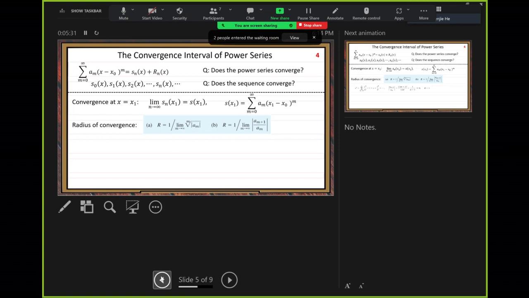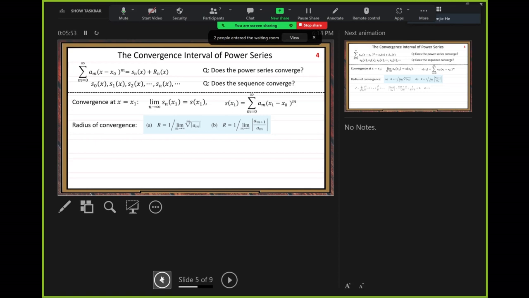Sometimes the A version is more convenient, sometimes the B version is more convenient. You just choose the one that's easier for you to calculate the radius of convergence, capital R.